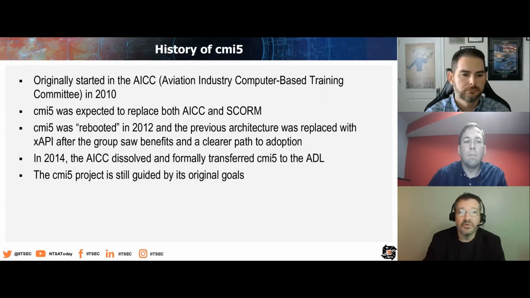In 2012, with xAPI taking off and getting its place in the industry, AICC decided to replace its base architecture with xAPI, seeing the benefits of xAPI and a clearer path to the adoption of cmi5 itself if it was based upon xAPI. When the AICC formally dissolved in 2014, the cmi5 specification control was transferred to ADL. The specification is currently managed by the cmi5 working group sponsored by ADL, and members are a combination of industry representatives and government.